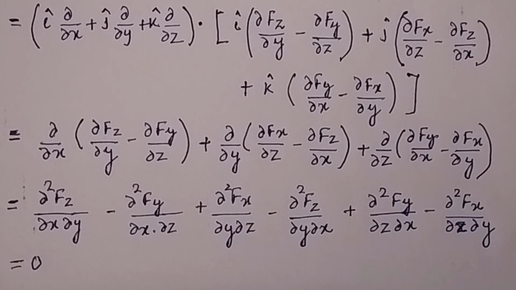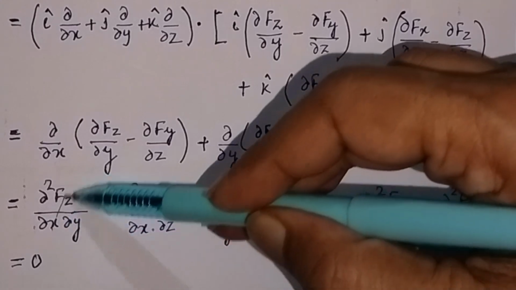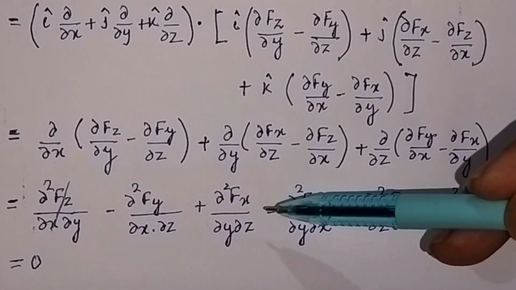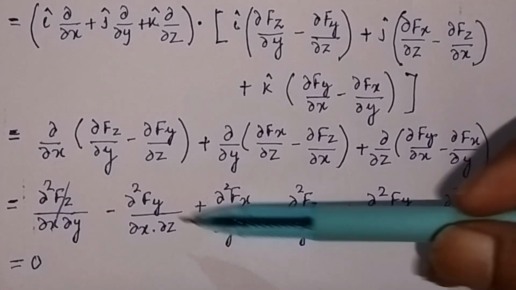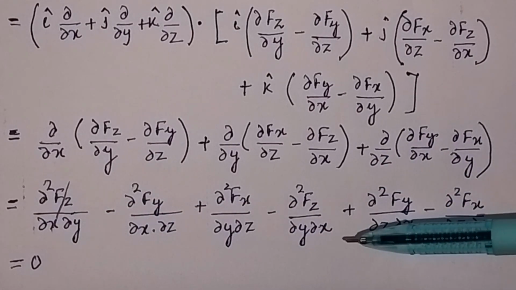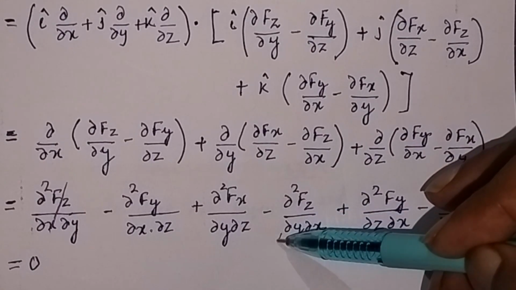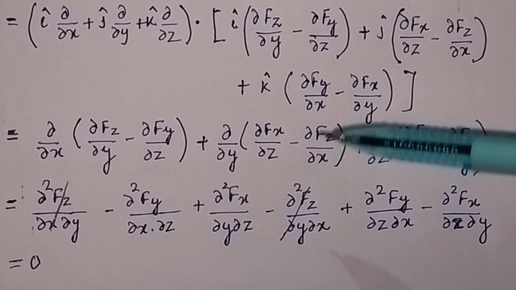Since the order of partial derivative does not matter, you have this second order partial derivative of fz with respect to x and y, and here with respect to y and x. Since order does not matter, they will cancel.